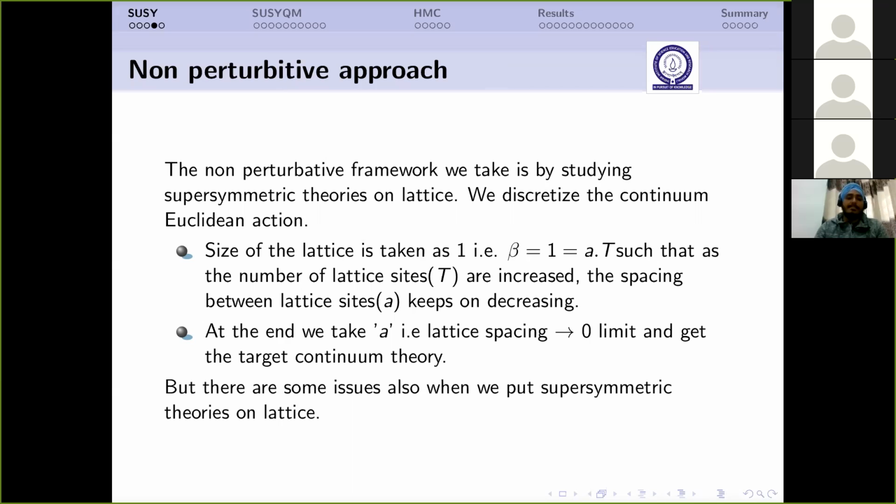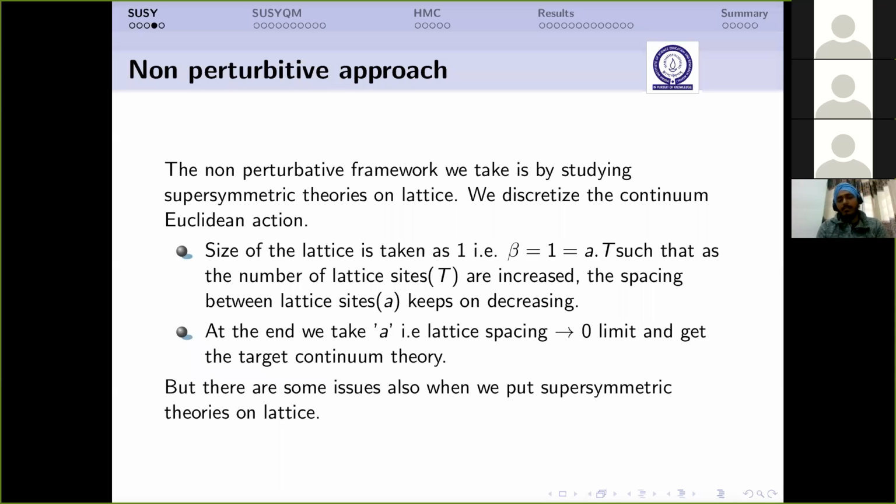The lattice spacing and the number of lattice sites go opposite. If we increase the number of lattice sites, the lattice spacing goes on decreasing, and at the end what we are looking for is taking the lattice spacing to zero limit and getting the target continuum theory that we want to study.